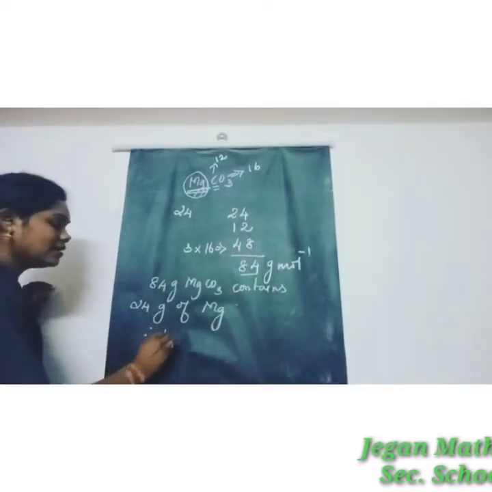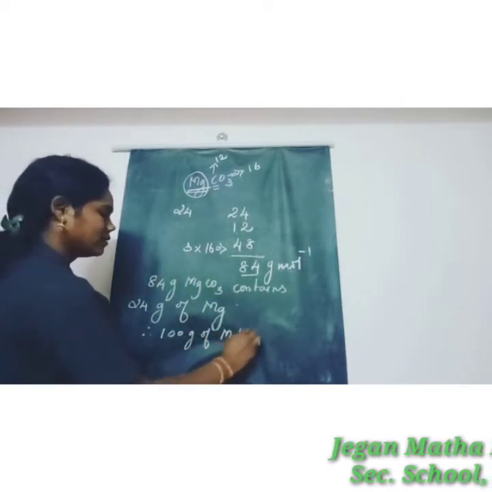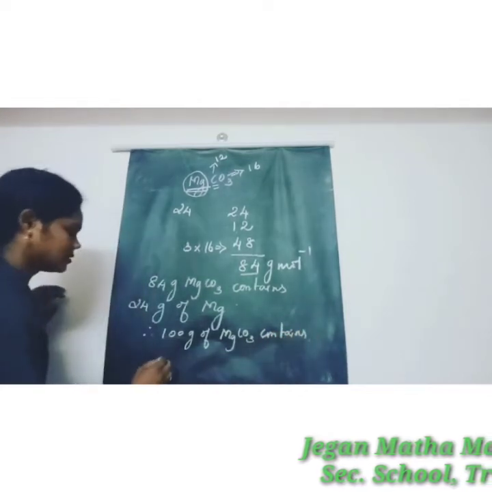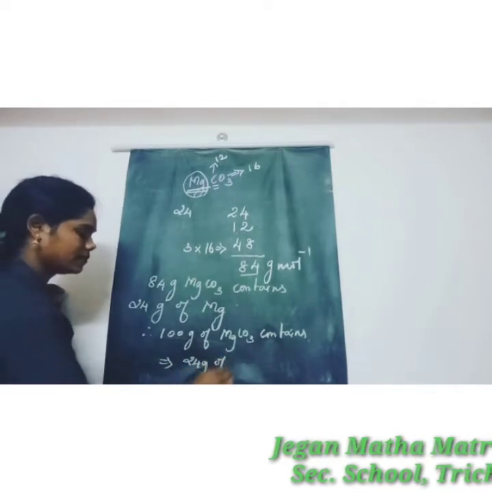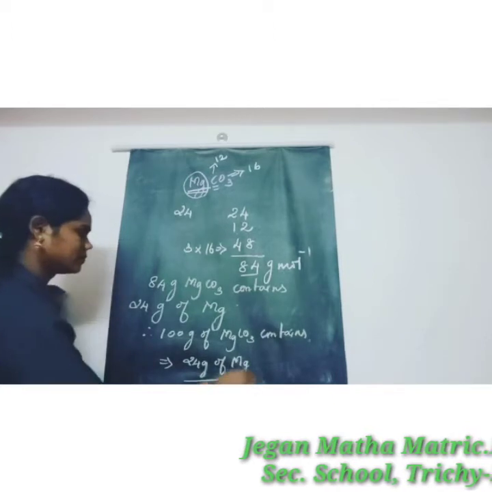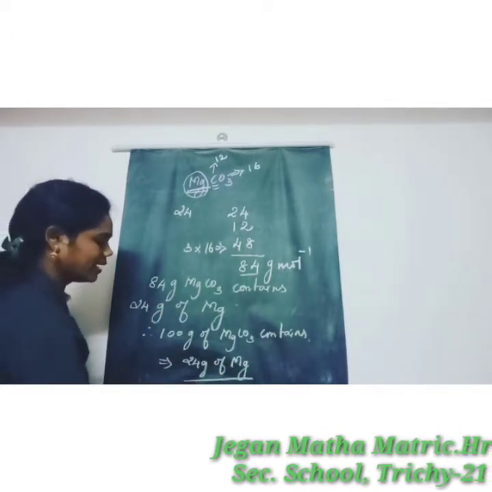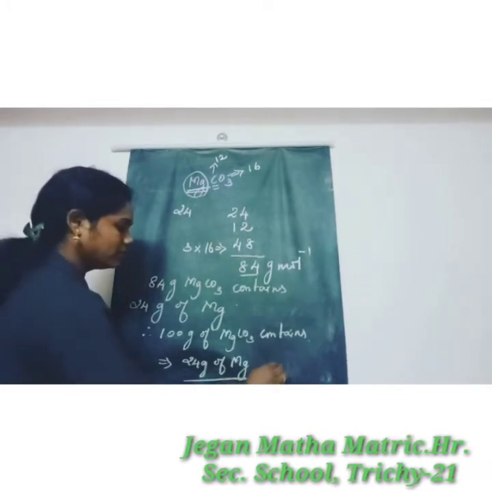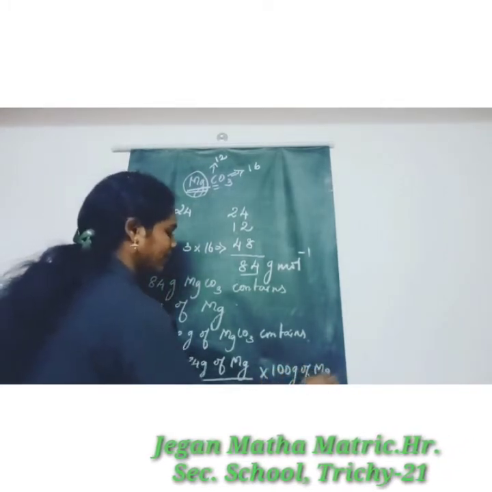Therefore, 100 gram of magnesium carbonate contains 24 gram of magnesium divided by 84 gram of magnesium carbonate, converted into 100 gram, so into 100 gram of magnesium carbonate.